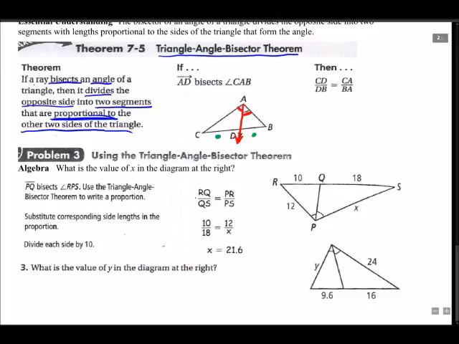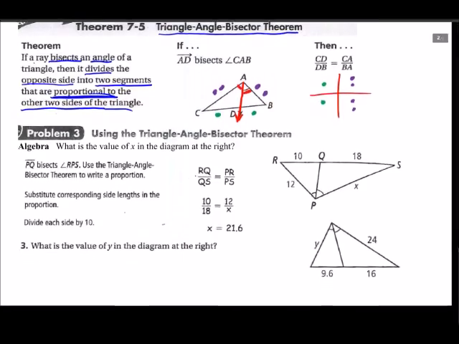So we can say CD compares to DB, and CA compares to BA. Now this is just another foursquare, so you can compare them however you like. I tend to do a side and a segment, and a side and a segment. That's just how I see them. Break it up into the foursquare.